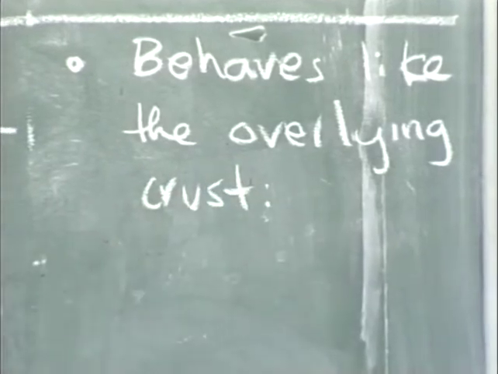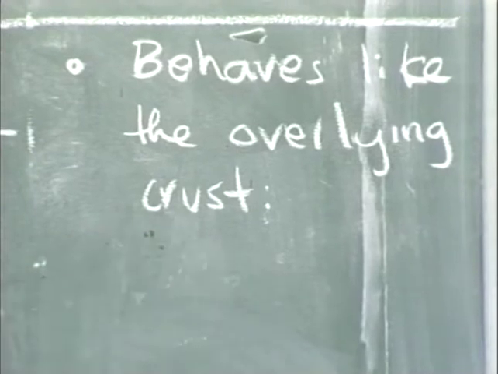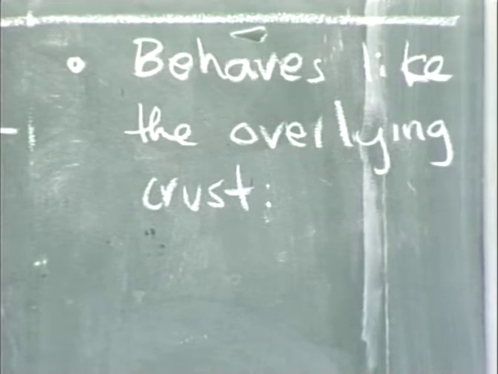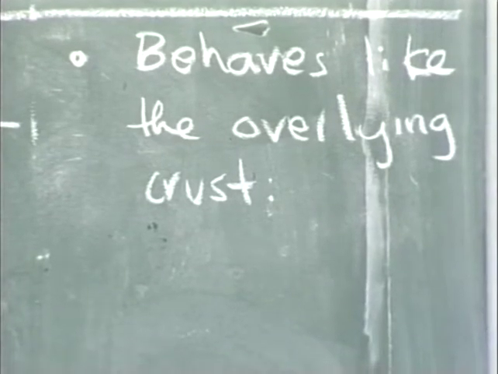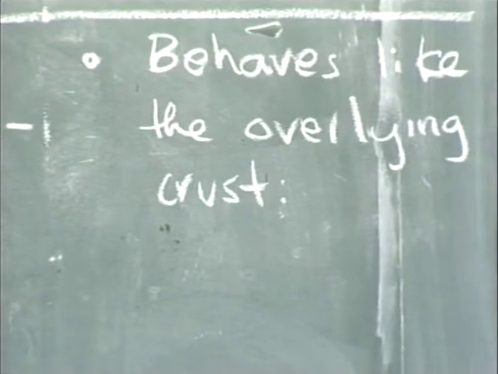Okay, behaves like the overlying crust. We're basically looking at the uppermost mantle for this particular information, and the uppermost mantle, which we will refer to later, will be the asthenosphere, and I'll explain that later on.